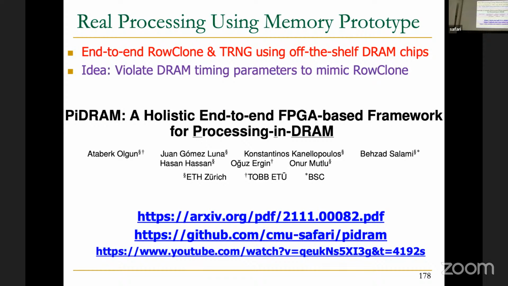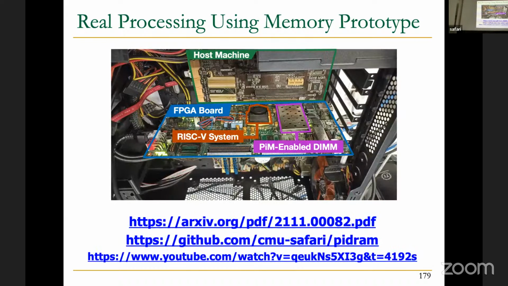We built on top of that the PiDRAM framework, which is an FPGA-based prototype for doing this type of processing-using-DRAM operations in an easier way. This is a view of our prototype.